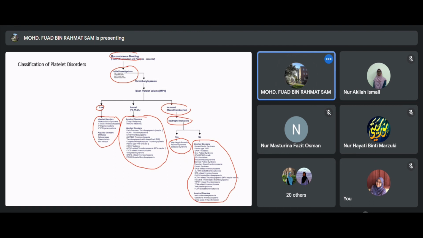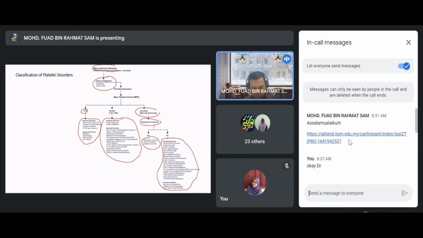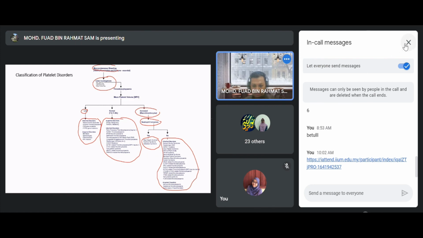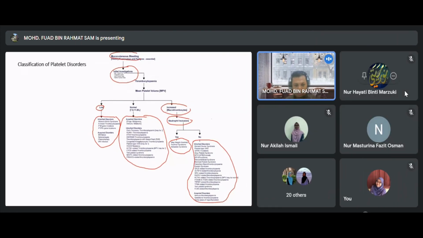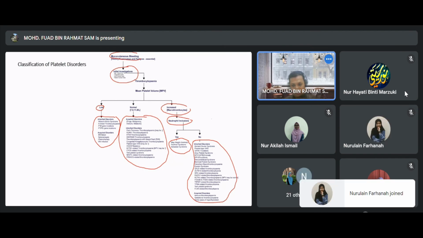Link tu. Ada apa-apa soalan sebelum kita proceed lagi? Tak ada soalan, saya bagi soalan.